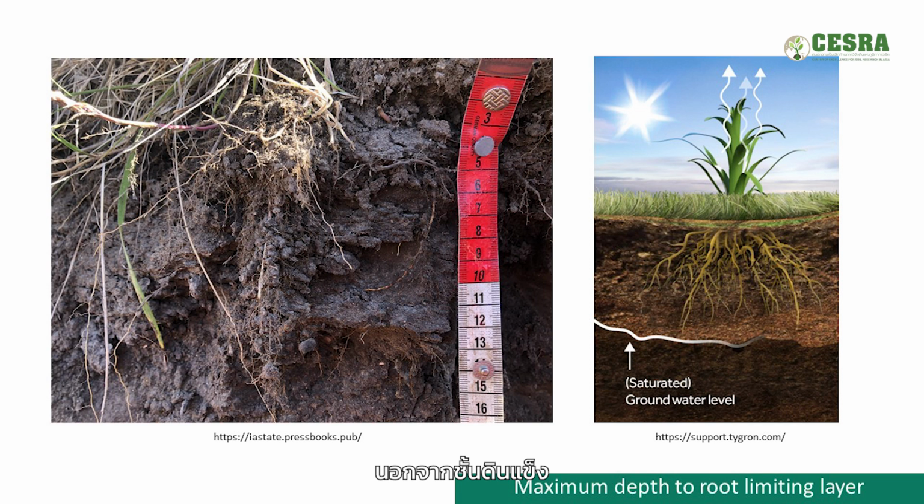Besides the hard pan, which is a really dense layer that blocks the flow of air and water vertically, root limiting layers can also be caused by soil pH, aluminum toxicity, salinity, sodicity, a high water table, and so on.